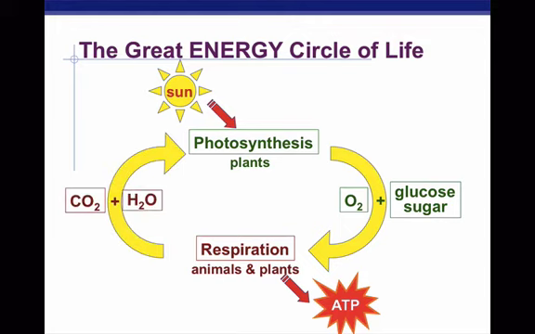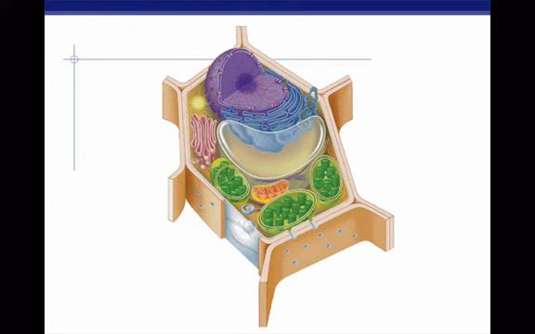So we've got the sun, photosynthesis, plants, and some protists like algae, producing oxygen and glucose. Those two things are used for respiration in animals and plants and fungus and protista to make ATP. And then respiration makes CO2 and water, and then plants use that for photosynthesis.